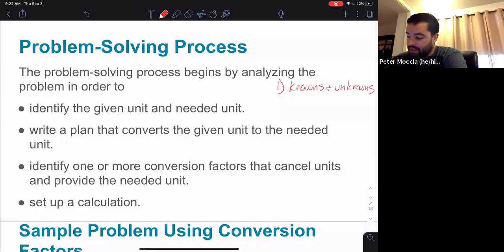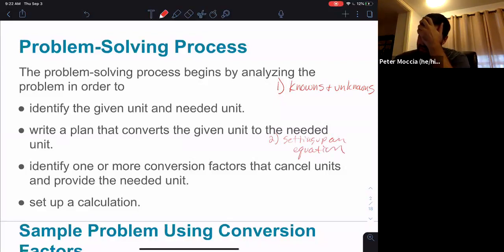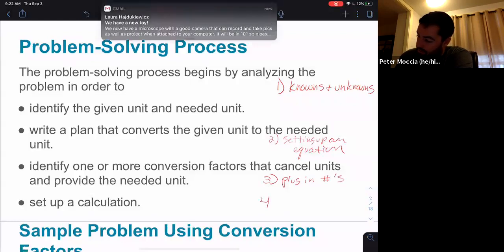Okay, write a plan that converts the given unit to the needed unit, also known as setting up an equation. And then identify one or more conversion factors that cancel units and provide the needed unit. So plug in the numbers.